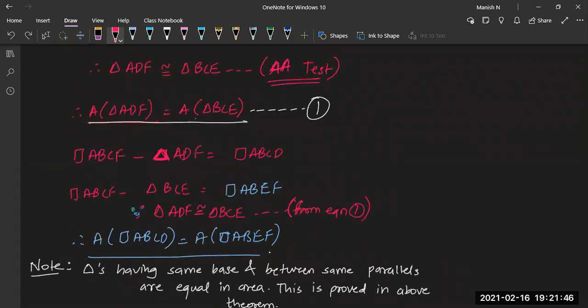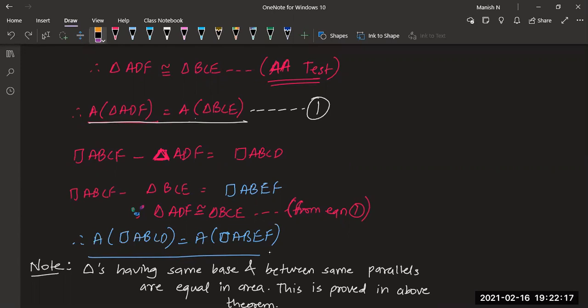We will say that the area of quadrilateral ABCD is equal to the area of quadrilateral ABEF, just by combining these two equations, right? So we can clearly see that both of these have equal area. In this theorem, we have proved that both parallelograms have the same area if they are on the same base and between the same parallels, right?